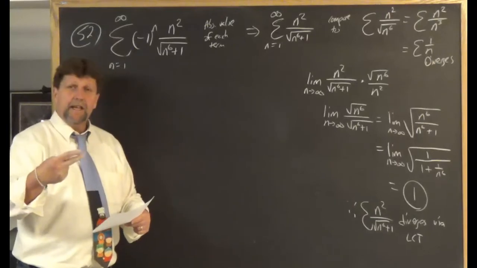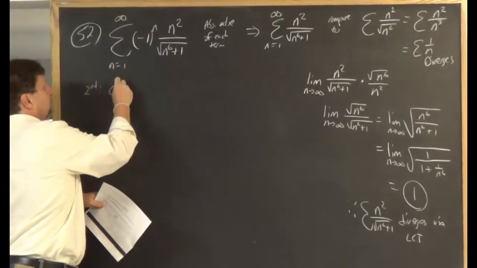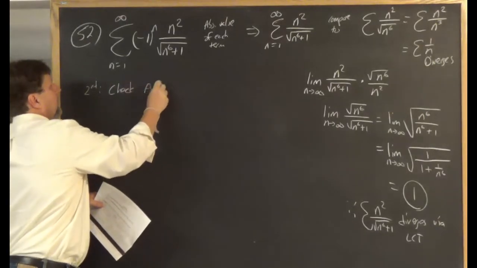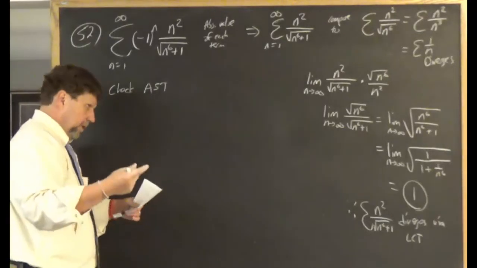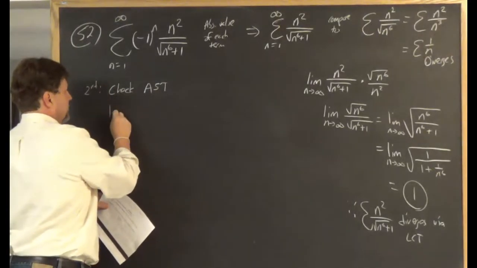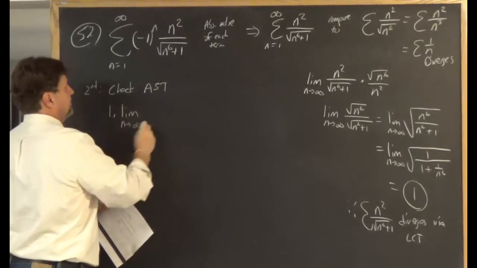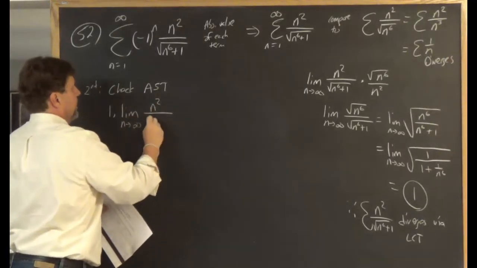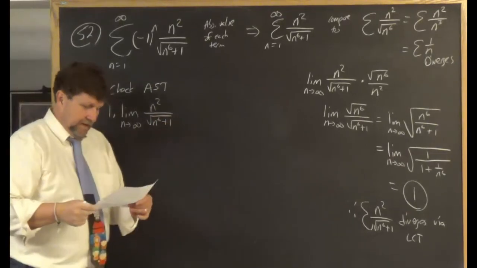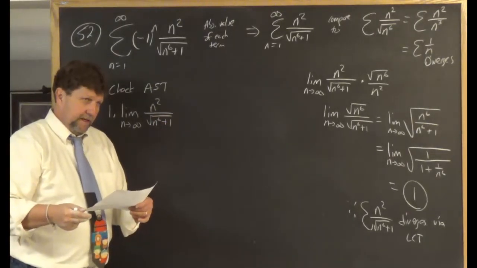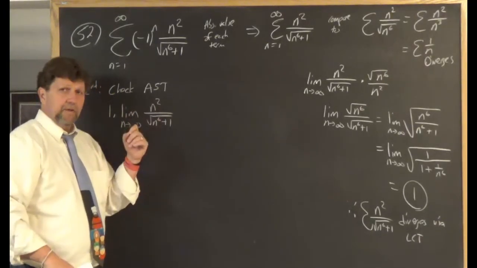And that would mean it only converges as an alternating series. So that's the second thing I must do now. I must now check the alternating series test. First thing, the limit as n goes to infinity of n squared over the square root of n to the 6 plus 1. So I have to do this. The largest power I see in the numerator is n squared.